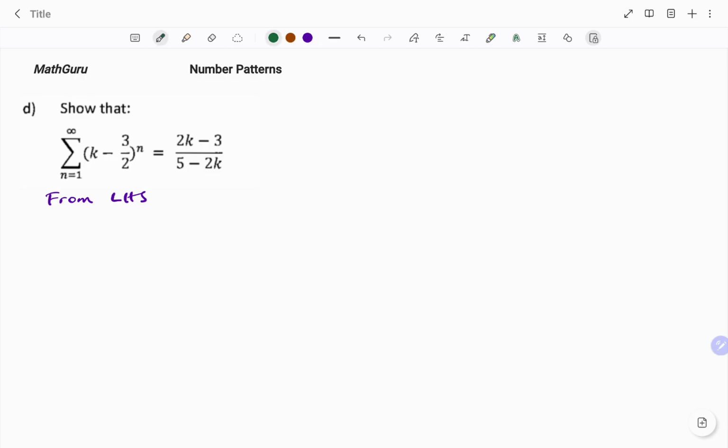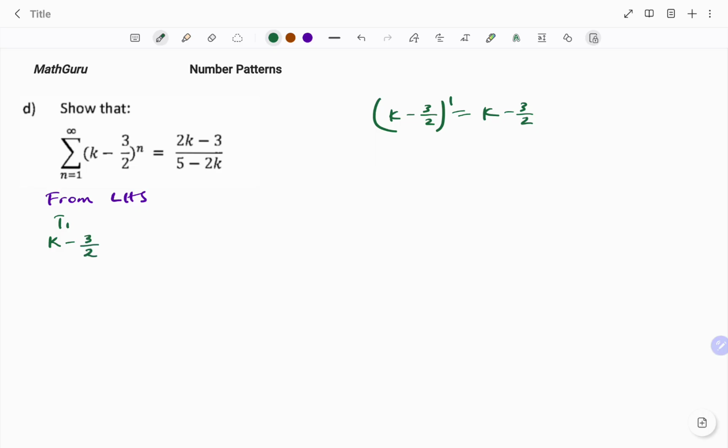So if n is 1, I'm going to have my t1. If I raise that to 1, I'm going to work it out by the side. So therefore, what I'm going to have is (k - 3)/2, n is 1, so I change that to 1, which is (k - 3)/2. So the first term will be (k - 3)/2.